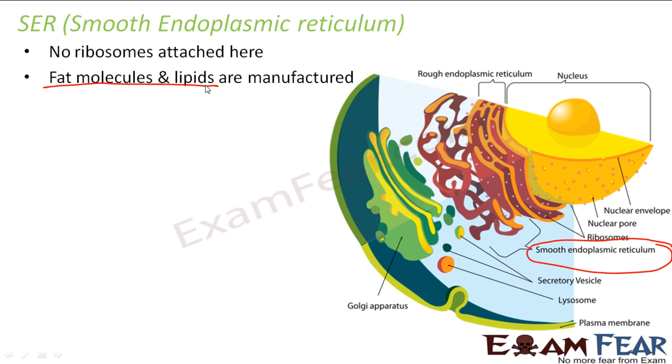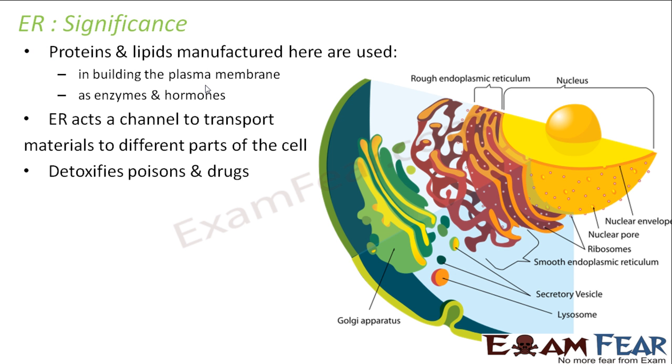When we were talking about plasma membrane, I told you that the plasma membrane is made up of fats, lipids and proteins, right? So the lipids which are produced here can also help in the making of plasma membrane, right?